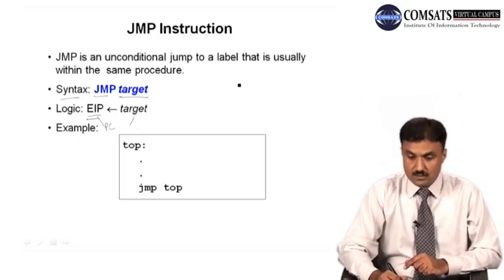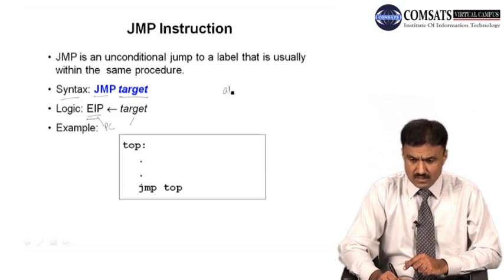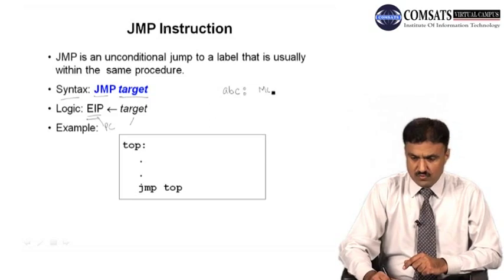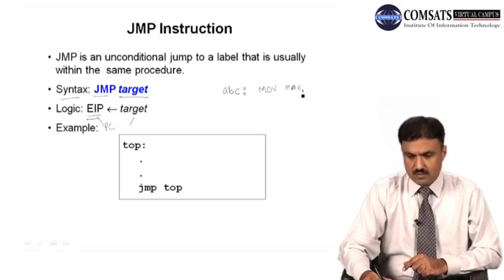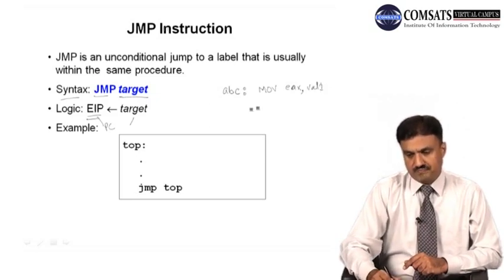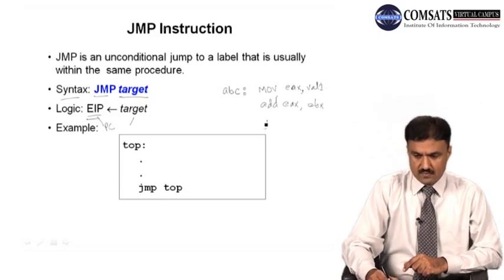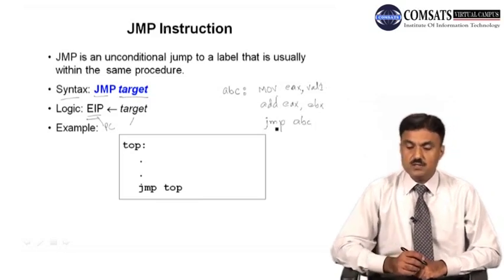For example, if I write here ABC colon, move EAX, val1, add EAX, EBX, and then I say jump ABC, okay, so jump ABC.